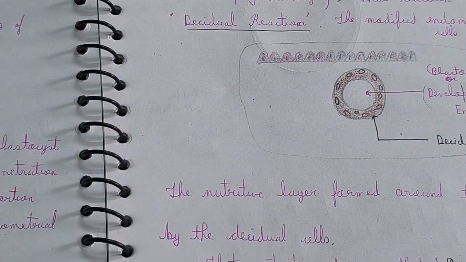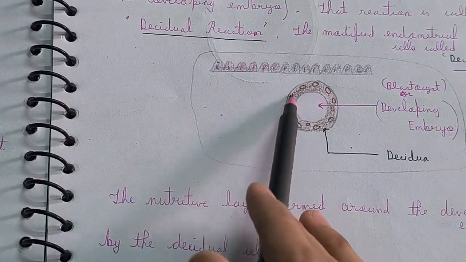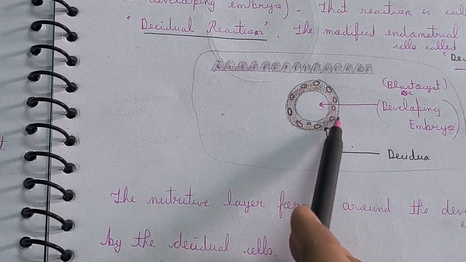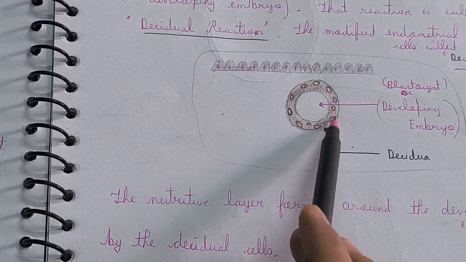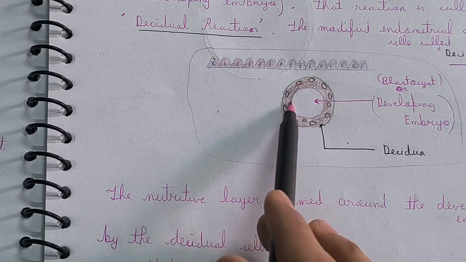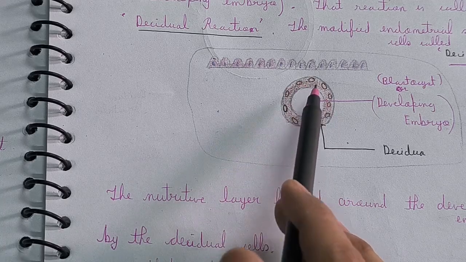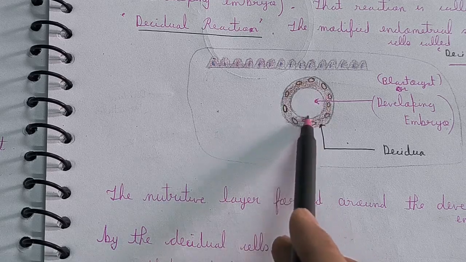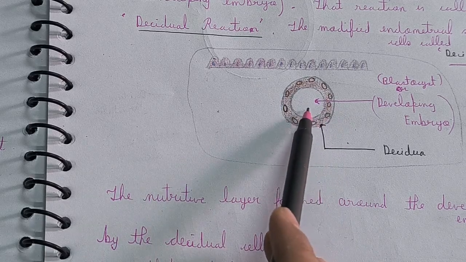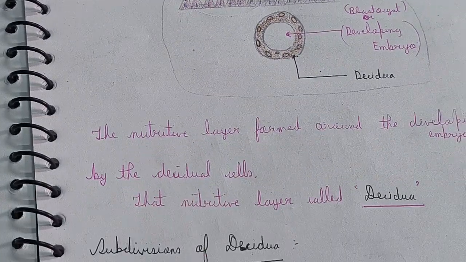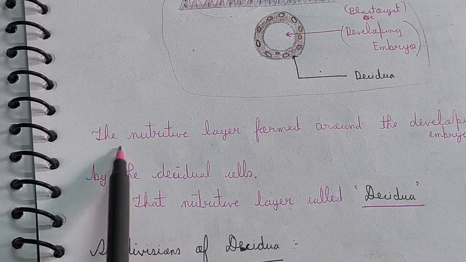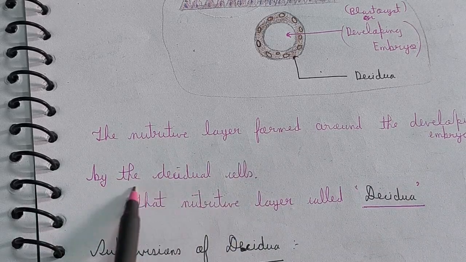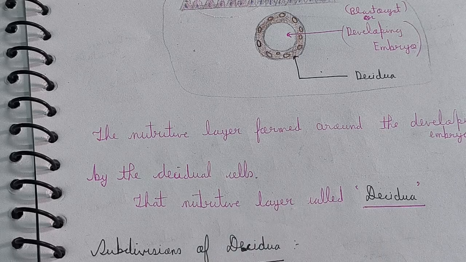Now further, when the whole developing embryo completely enters, all the decidual cells are attached around the developing embryo, and as a result a layer is formed around the developing embryo or around the blastocyst, and that is known as decidua. The nutritive layer formed around the developing embryo by decidual cells is known as decidua.